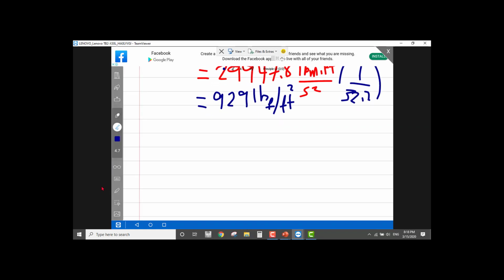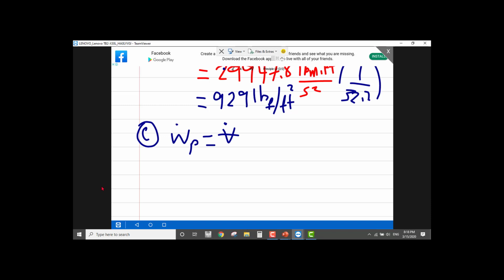Now part C, we need to find the pumping power W dot, which is equal to volumetric flow rate multiplied by delta P. So volumetric flow rate is equal to V average multiplied by cross-sectional area.